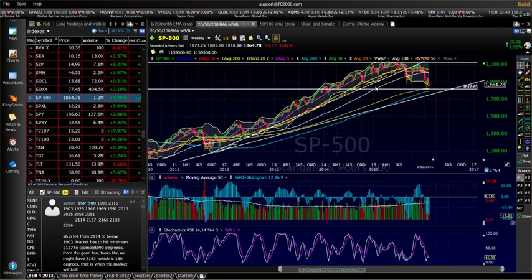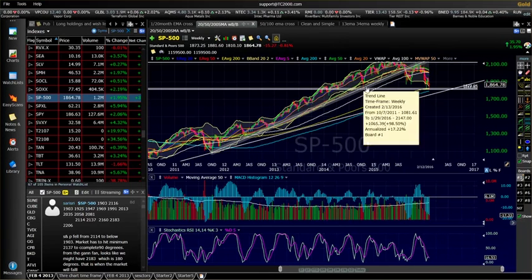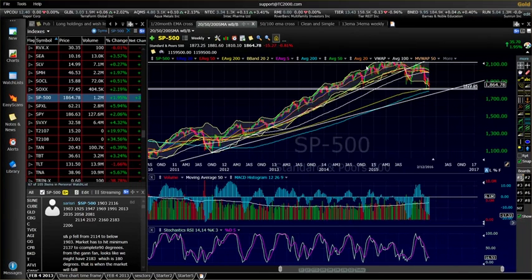And if we look at these trend lines, we can see that this one has acted as support basically since 2012. Each time it's come down and tested, it's bounced off of that line until eventually it broke through with enough force that the sellers could take out that trend line.